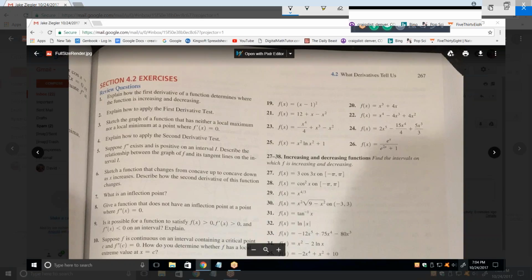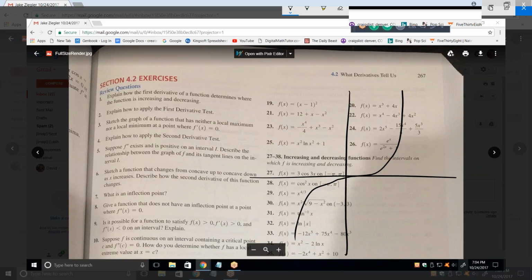Okay. Number 3, sketch the graph of a function that has neither a local maximum nor a local minimum at a point where f prime equals 0. Another reason these are tough to do is that it's tough to do online because you can't sketch online.